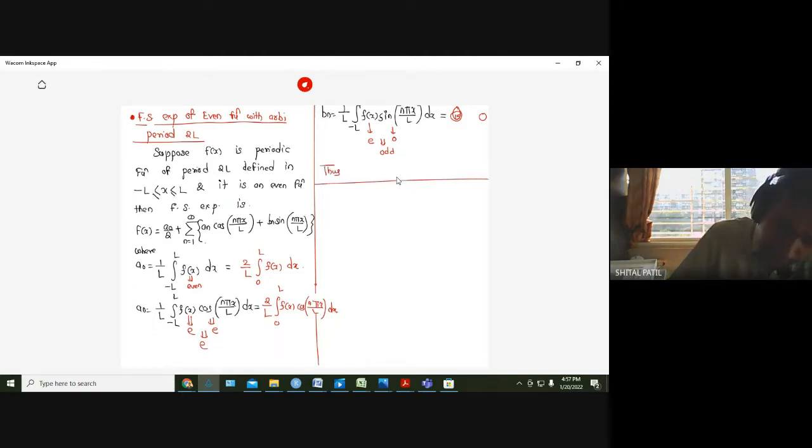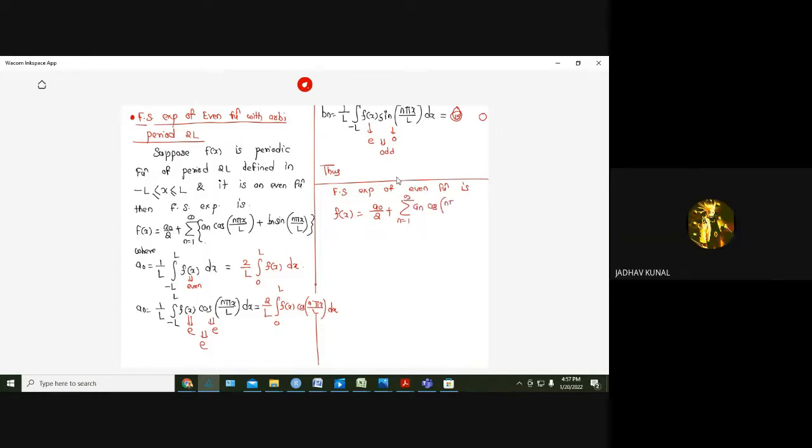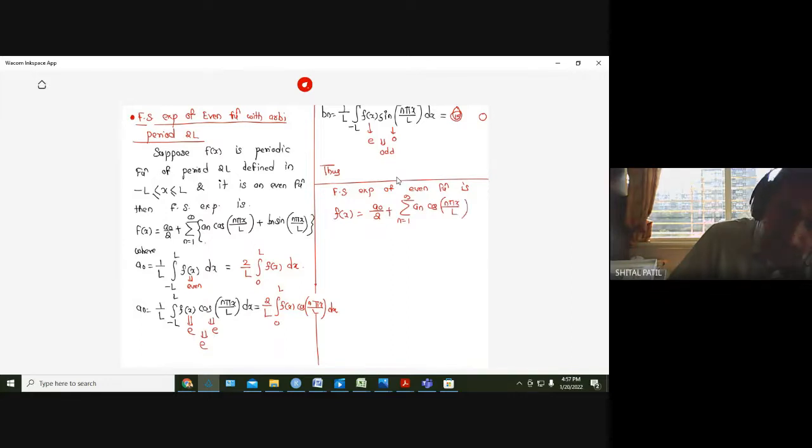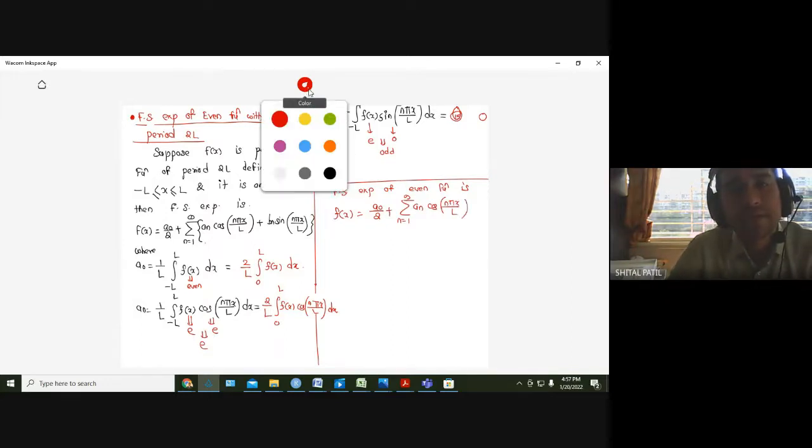Thus, अब यहाँ पे लिखते हैं. Fourier series expansion of even function is f of x equal to a naught by 2 plus summation of an cos of n pi x divided by L. Right.